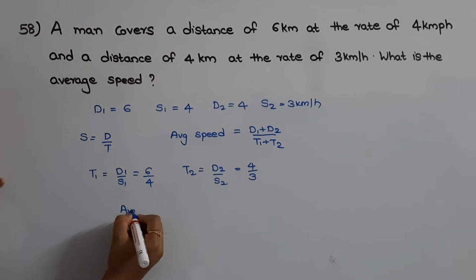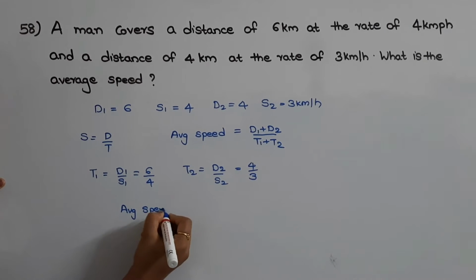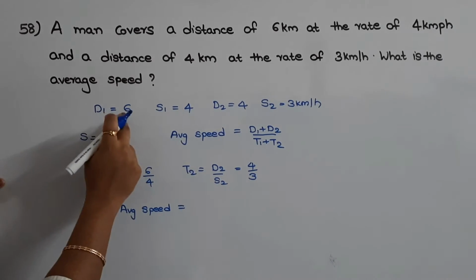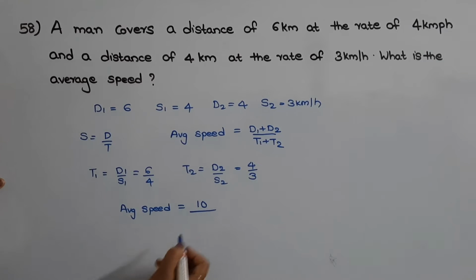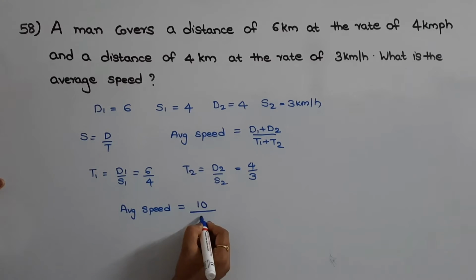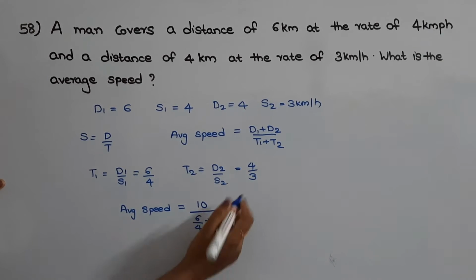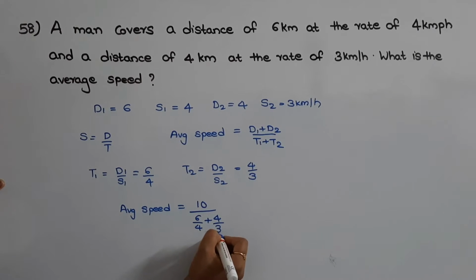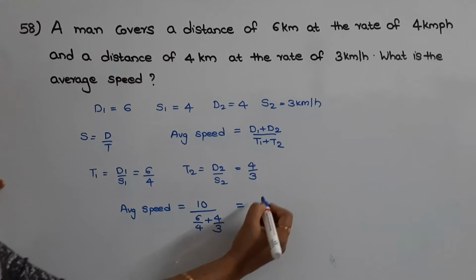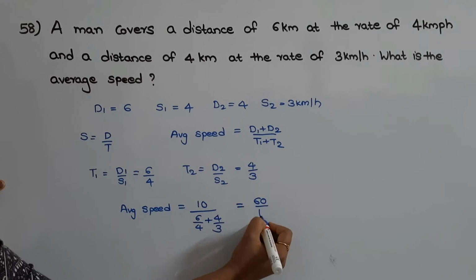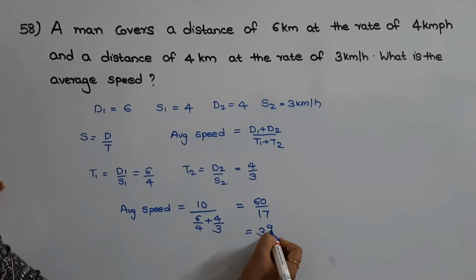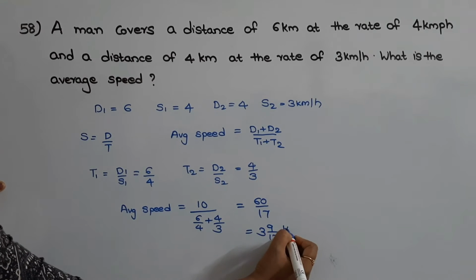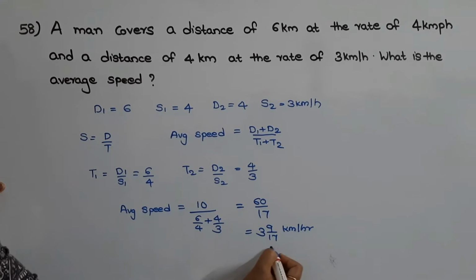So average speed is equal to total distance, that is d1 plus d2, that is 6 plus 4, that is 10, divided by t1 is 6 by 4 plus t2 is 4 by 3. So on solving this you will get it as 60 divided by 17, or we can write it as 9 by 17 kilometer per hour. So this is the answer.